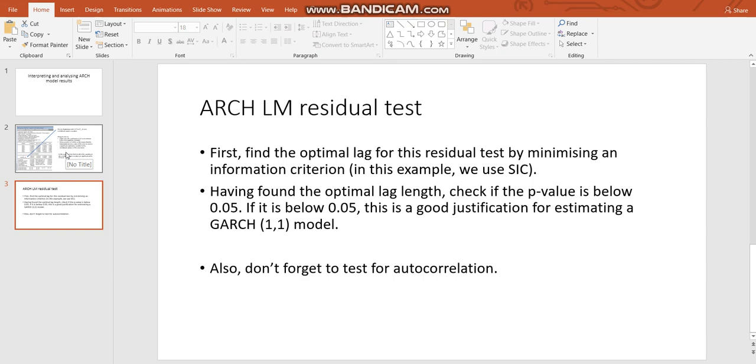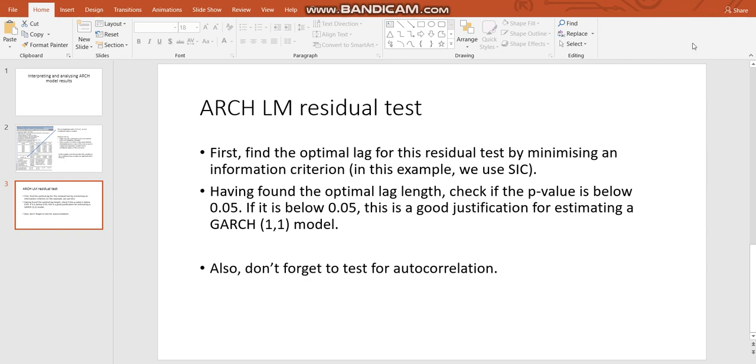Use that as your justification for moving on to the Garch 1-1 model, and you're going straight to a Garch 1-1 model rather than an Arch 5 or an Arch 6 model, because your conditional variance equation will be more parsimonious. It will be more parsimonious because it contains fewer parameters.